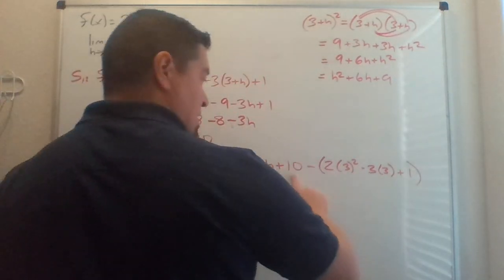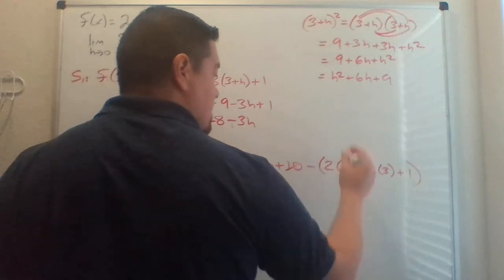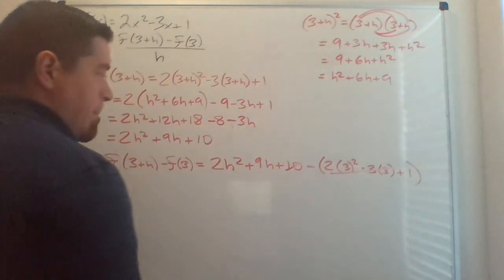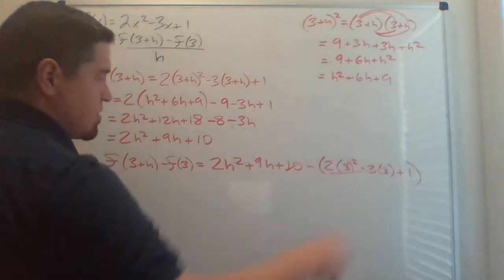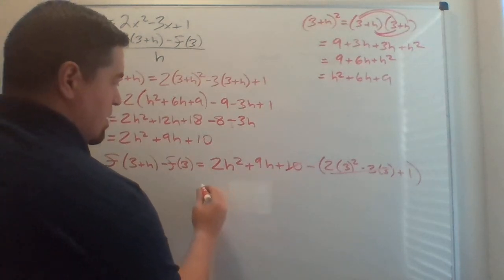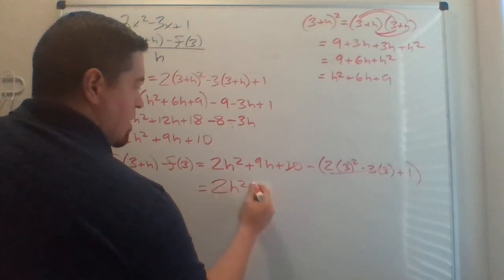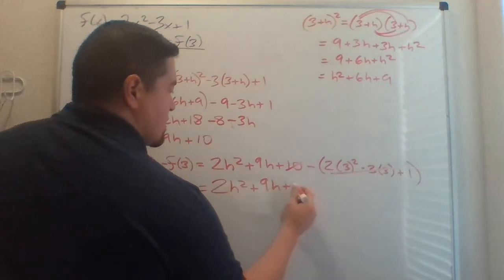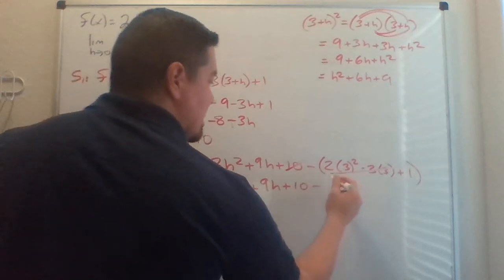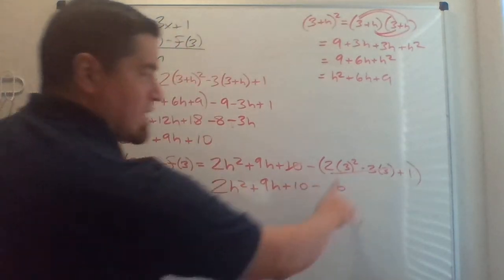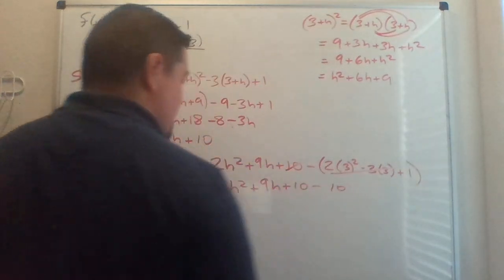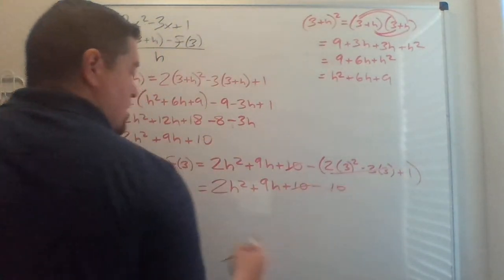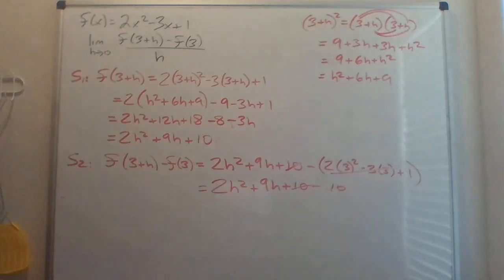Well, if that's 10 and this is 10, here, let me save myself some writing, that's going to cancel out. Make sure you show the work and do all that. Here, let's do this. It's minus 10, there you go. Just so everybody sees. That's 10, so that's 10, 10 minus 10, that cancels out. There's my answer for step 2.